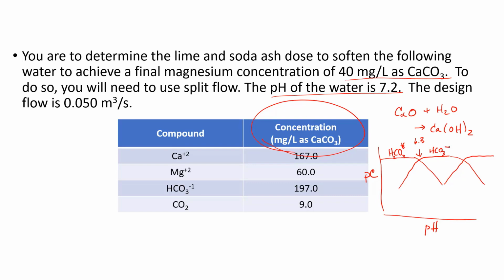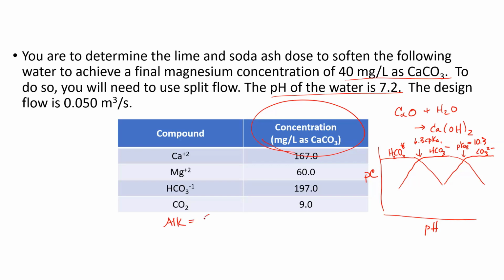Above pKa1, bicarbonate starts to predominate, and above the pKa2, which is about 10.3, then carbonate predominates.